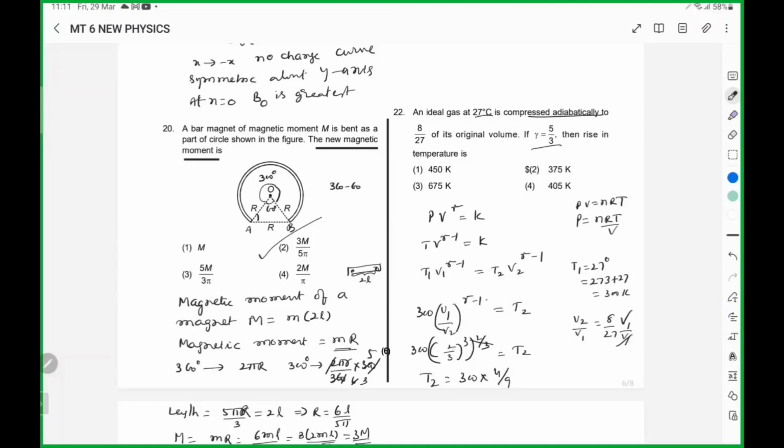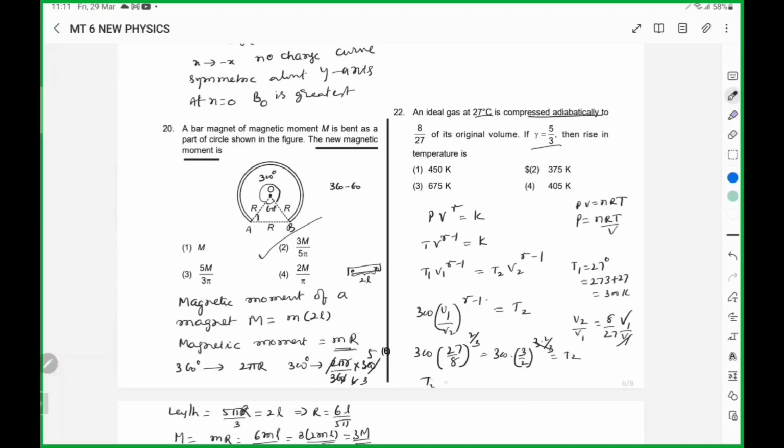I'm sorry, here it is a small mistake. V1 by V2 will be 27 by 8. Gamma is 5 by 3 minus 1, so it is 300 into 3 by 2 whole cube to the power 2 by 3.